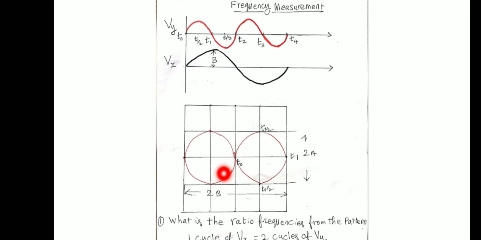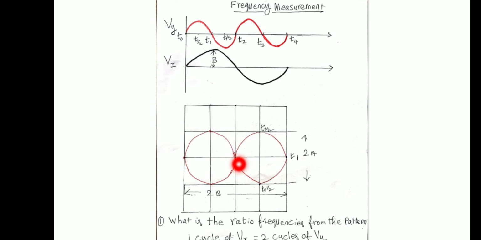So it moves like this, and at t3 Vy is 0, Vx is negative maximum. So the luminous spot is on the x-axis at the maximum point at the left extreme, and it moves like this and like this, right? So we get a pattern like this on the screen.